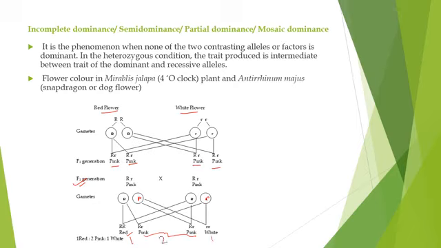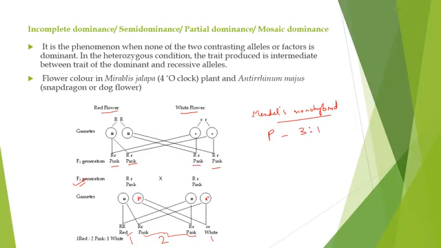When we talk about Mendel's monohybrid ratio, the phenotypic ratio is 3 is to 1.